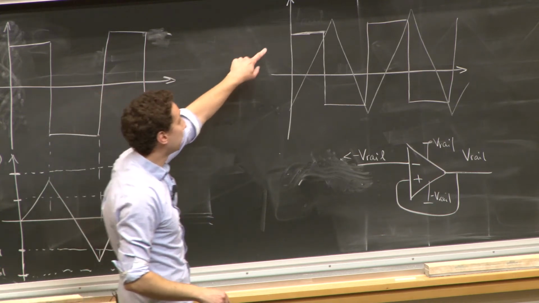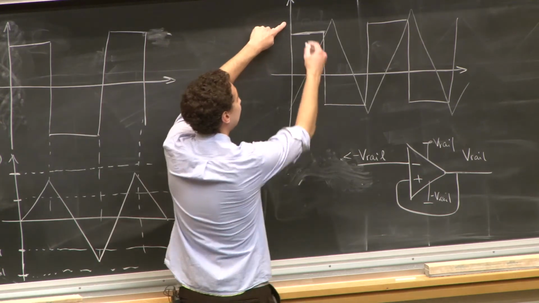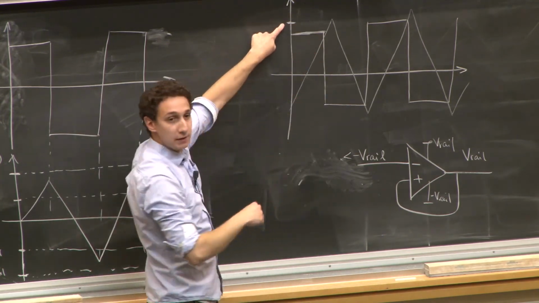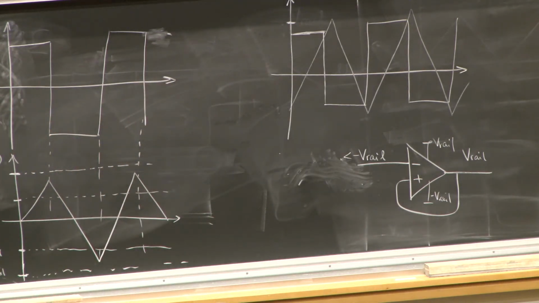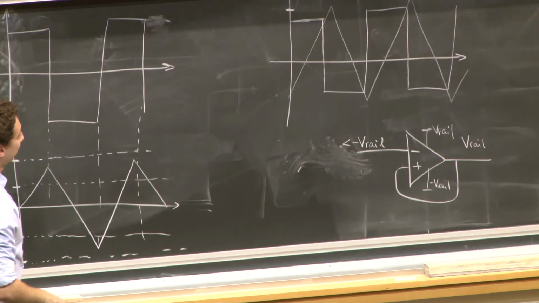Now, if we happen to make it so that VRail happens exactly at this point here, it turns out that our waveform will look exactly like VS. Okay? Is that clear? Let me draw it out again.